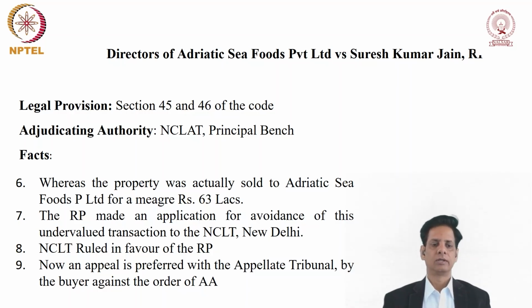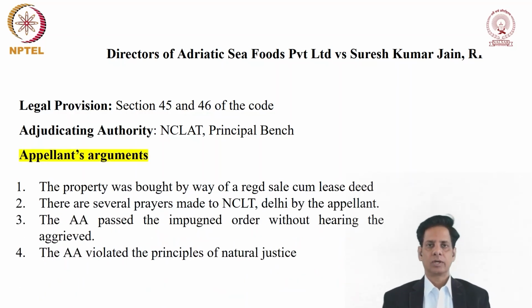Now point 9, now an appeal is preferred with the appellate tribunal by the buyer against the order of the adjudicating authority. Let's look at two sides' arguments. What is the appellant's argument? That is the buyer of the property for an undervalued consideration. The property was bought by way of a registered sale deed. There are several prayers made to NCLT which are pending.